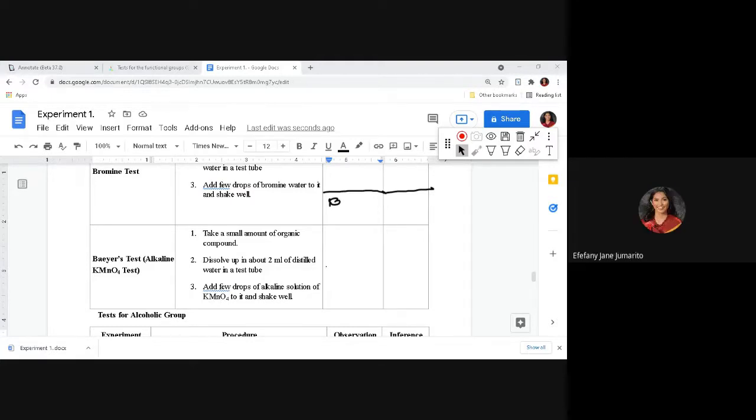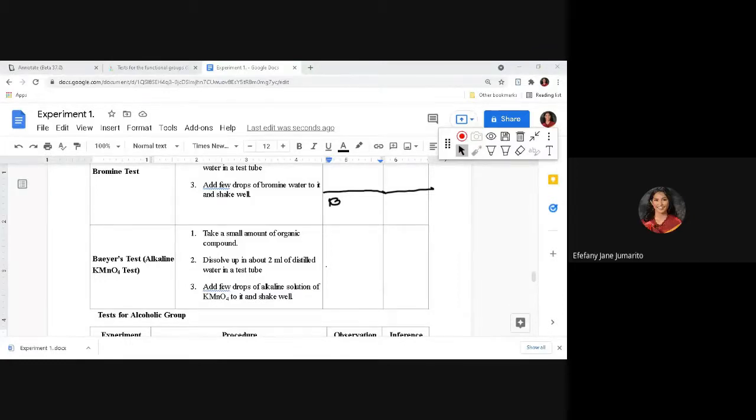Take a small amount of organic compound. Okay, so we have take already. Now number 2. Please continue reading up to number 3. Number 2, dissolve in about 2 ml of distilled water in a test tube, and add a few drops of alkaline solution of KMnO4 to it and shake well.